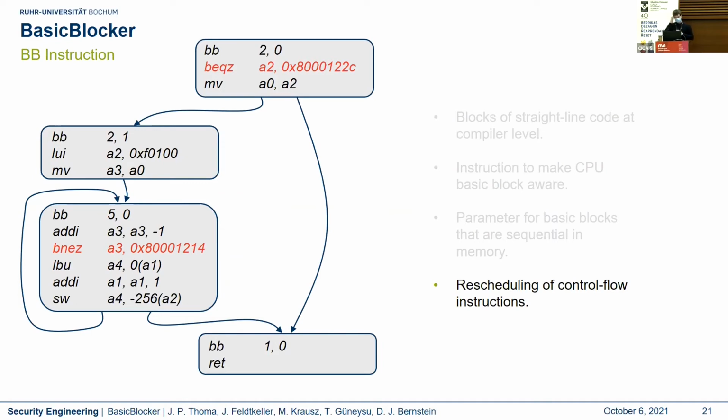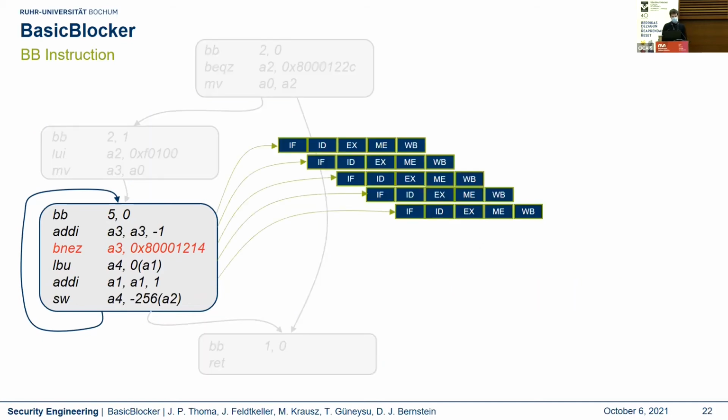And in this case, we then can do something similar as with sequential basic blocks. So we can start executing the first basic block, and on the execute stage of the control flow instruction here, the branch instruction, we now know the real instruction that will be executed after, or the basic block that will be executed after this basic block.